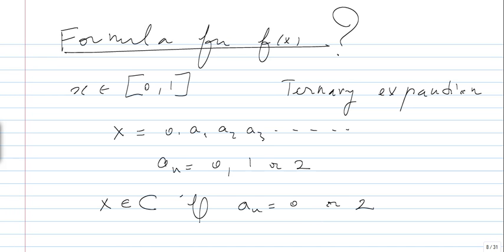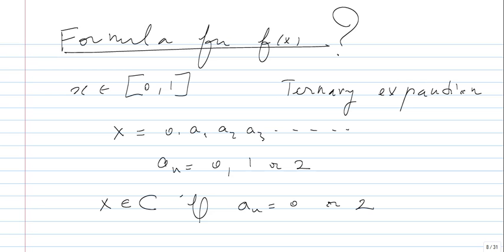If you go to the lecture I did on the Cantor set, you will see that exactly the elements in the Cantor set are the ones with 0 or 2. If you have a 1 with something after it, then you will be in the complement.